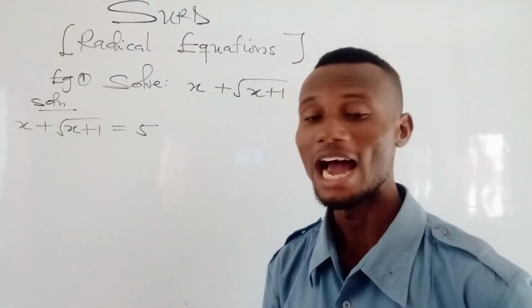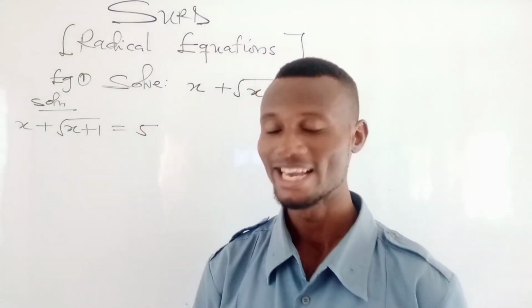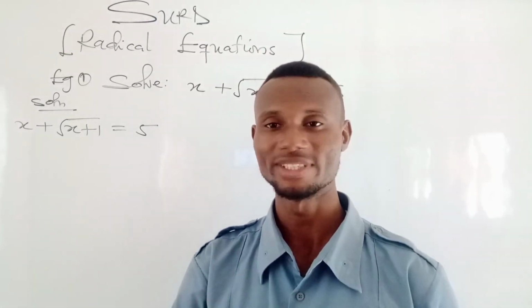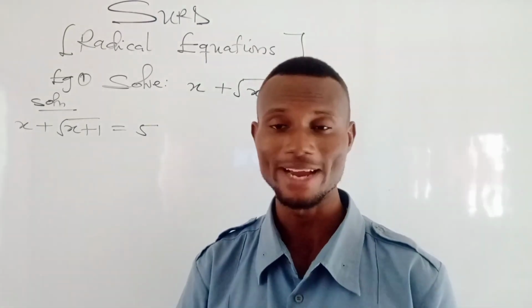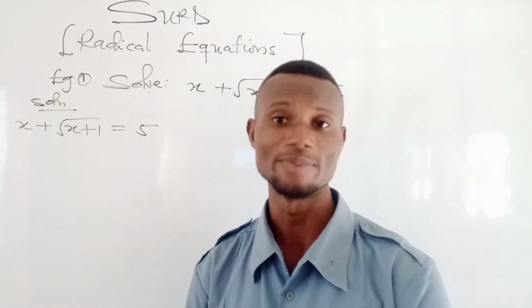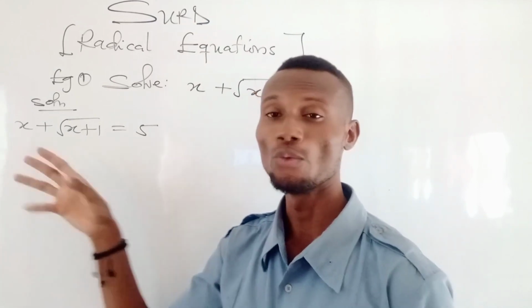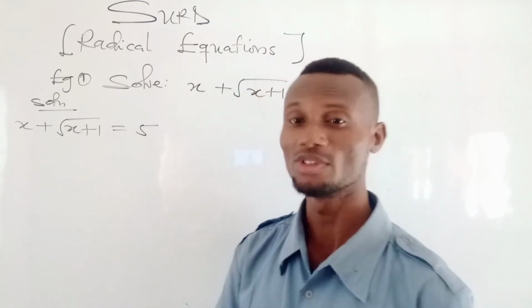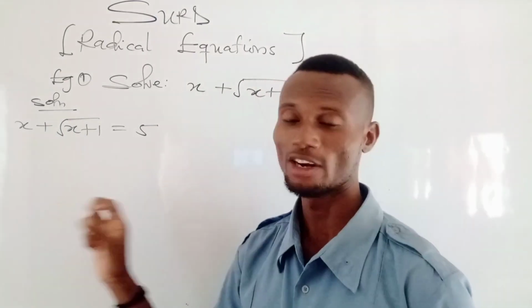I've explained under change of subject that anytime you have an equation that contains a square root sign, the first thing you do is think of eliminating the square root sign from the equation. How to achieve that is to square both sides of the equation.